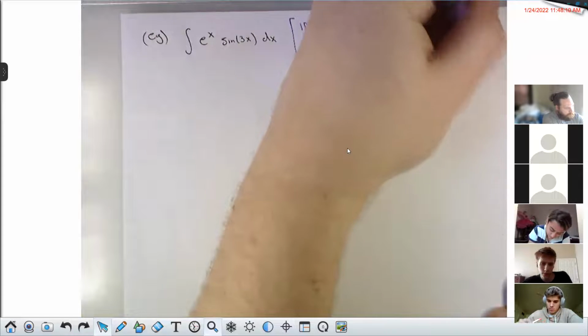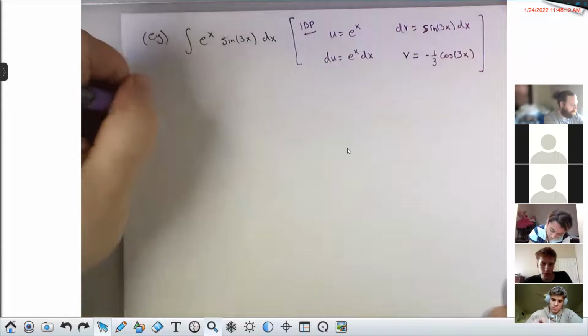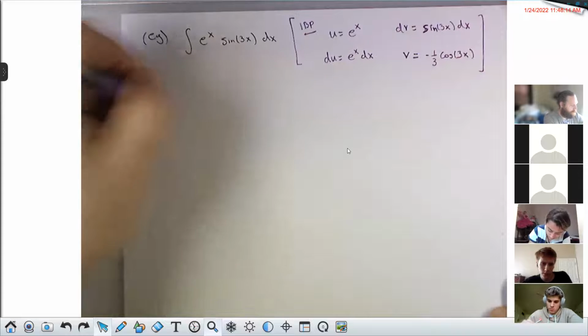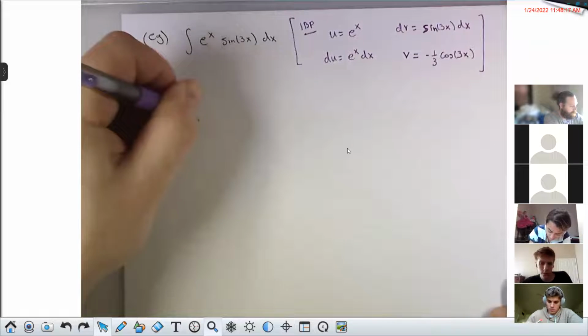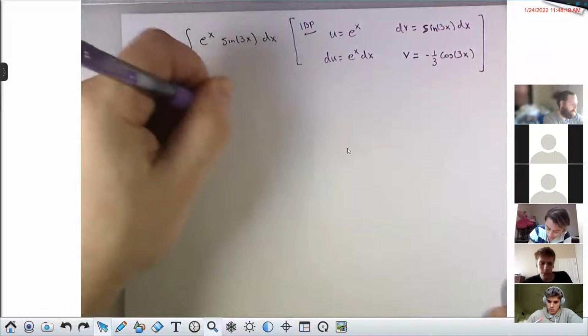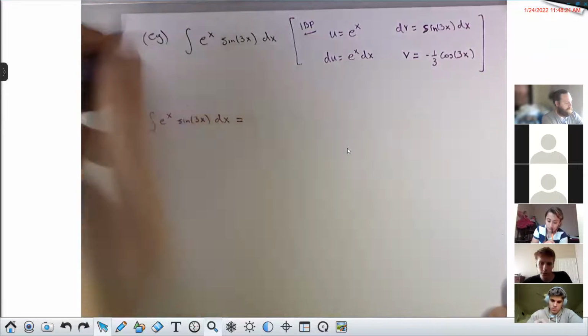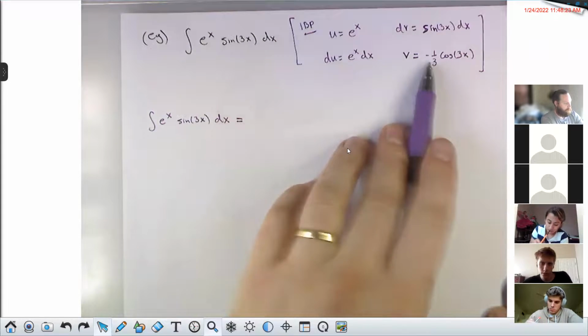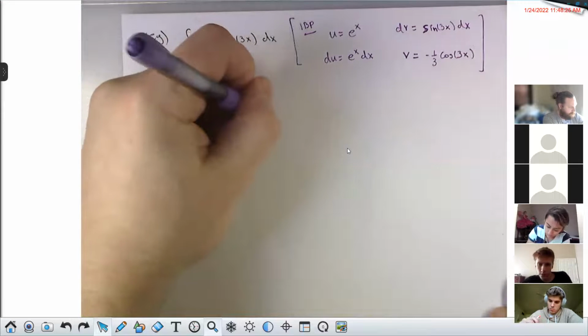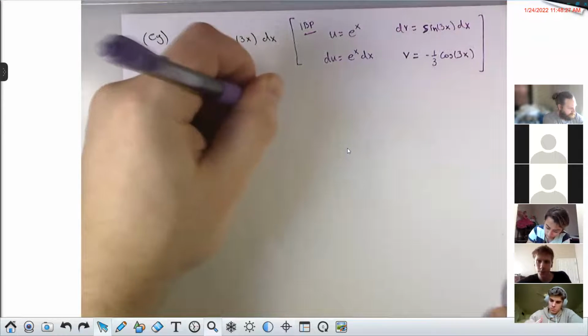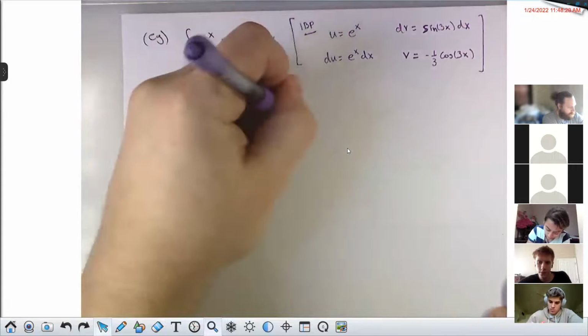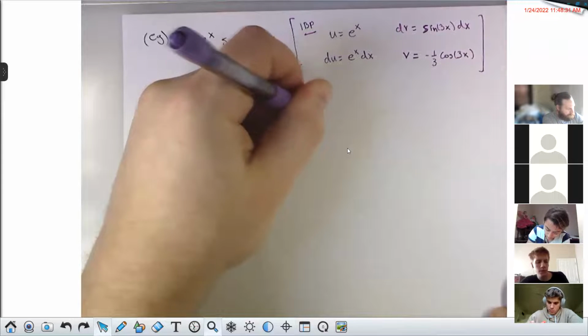Here's our first run of integration by parts. I'll get the integral of e to the x sine 3x dx equals u times v. I'm going to write this as negative e to the x over 3 times the cosine of 3x.